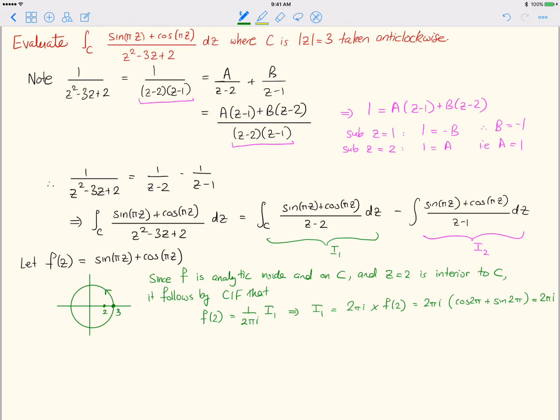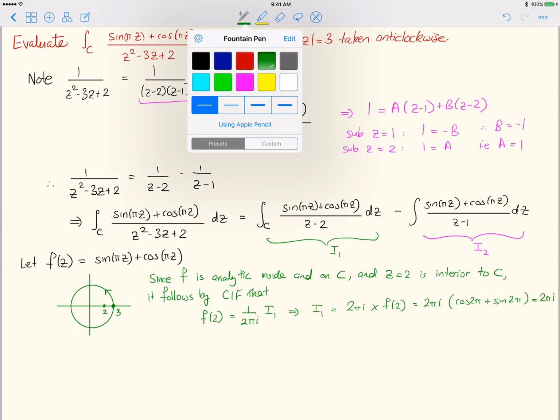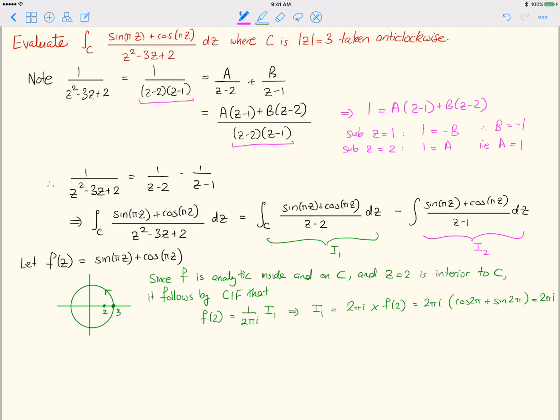Now for I2, you can see that my denominator is z minus 1. So that's an indication I should take the point z equals 1 as my interior point. Right? So then I use exactly the same argument.